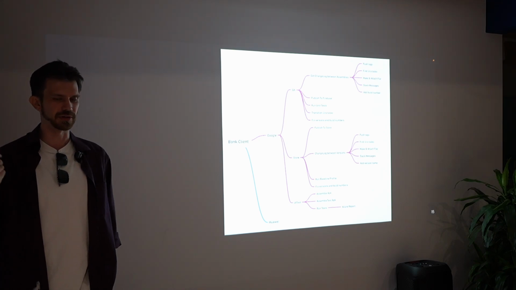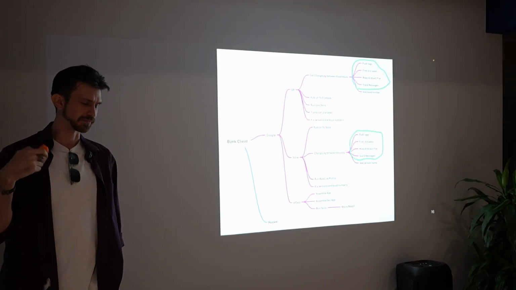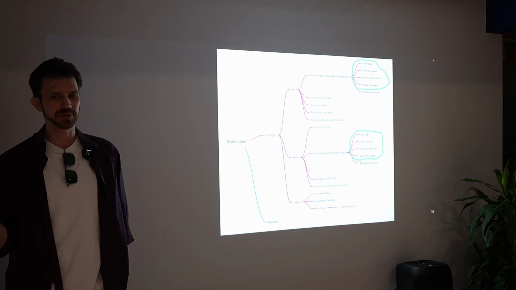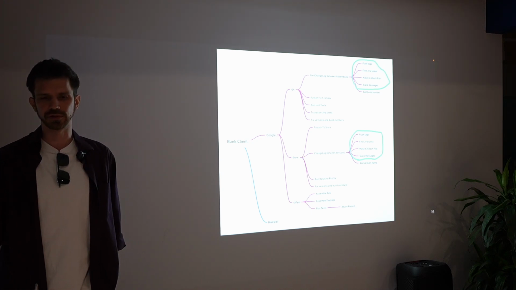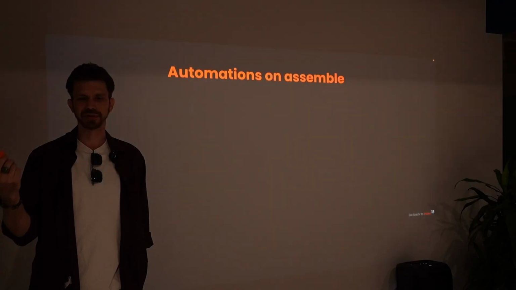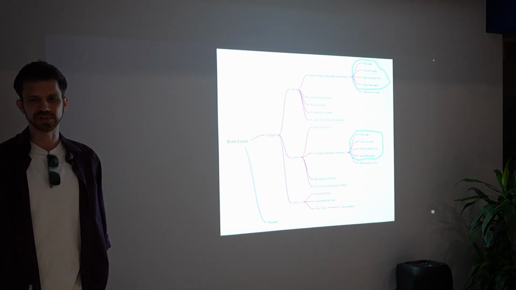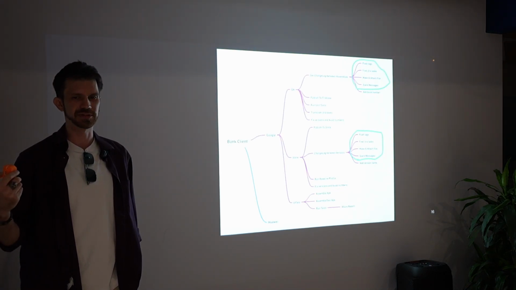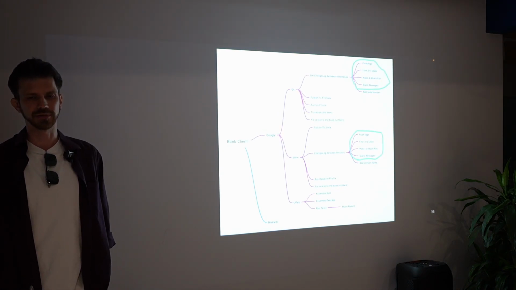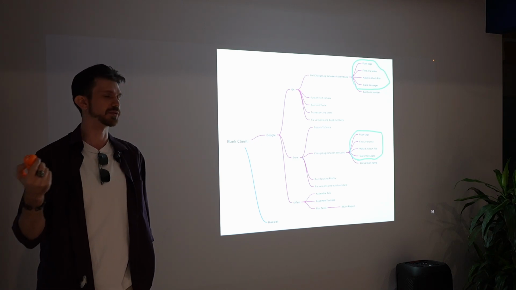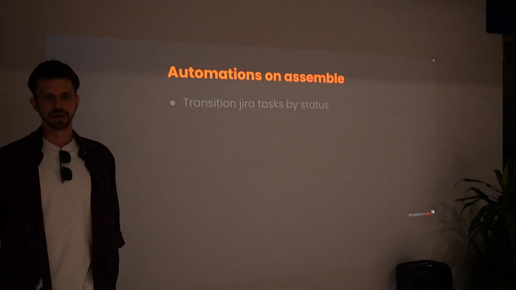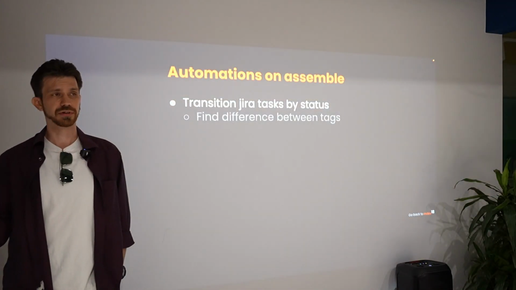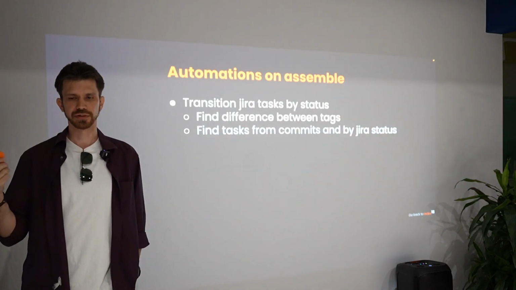For example, we should make a change log or notify someone about builds, and some parts are reusable between builds, but not all of them. There are quite a lot of unique steps. What we actually do, we transition tasks in Jira.